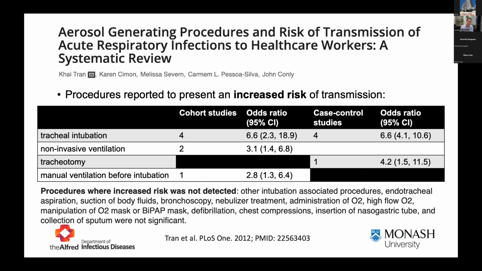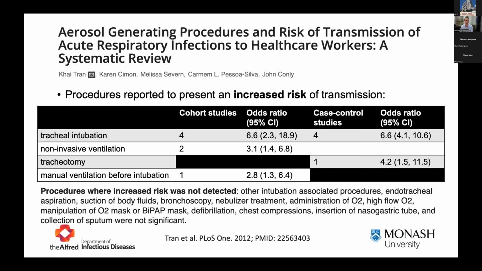So back to that systematic review from 2012, there were 4 procedures that they found to be associated with an increased risk of transmission. Those included tracheal intubation, with 4 cohort studies and 6 case control studies finding the same odds ratio.